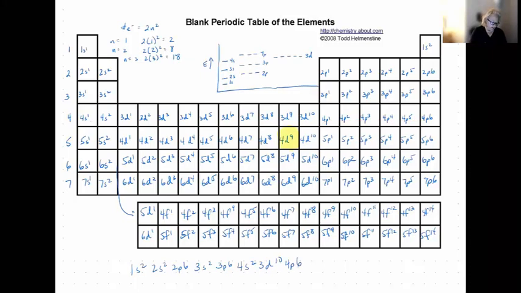Then we have the 5s2. And then we're about where we need to be. We're here, and we need to go here. So the last part is 4d9. So that would be the electron configuration of silver. You can do that straight from the periodic table.